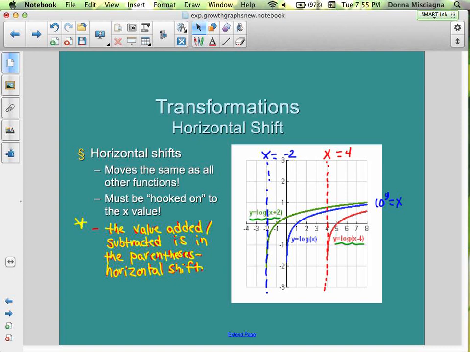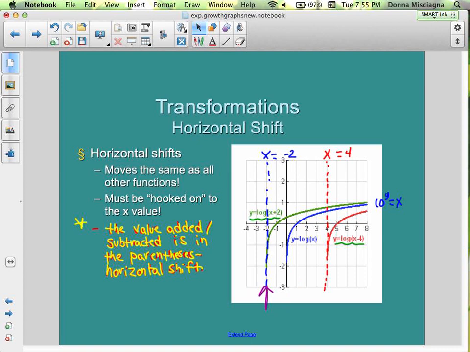All right, so here are the blue again, and we'll use a purple arrow. There we go. All right, so in the blue there we have y equals log of x. Same base graph we saw on the last page. If we have y equals log in parentheses x plus 2, adding something to x shifts it to the left.